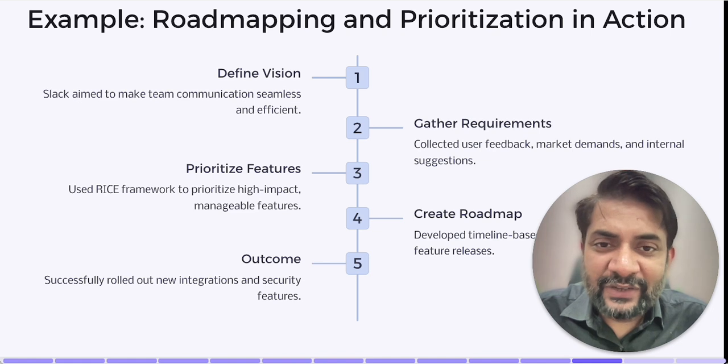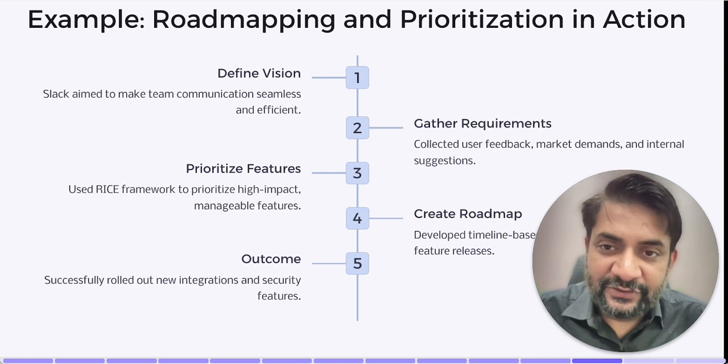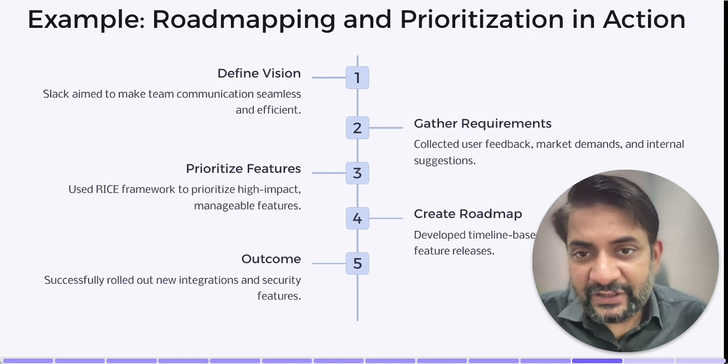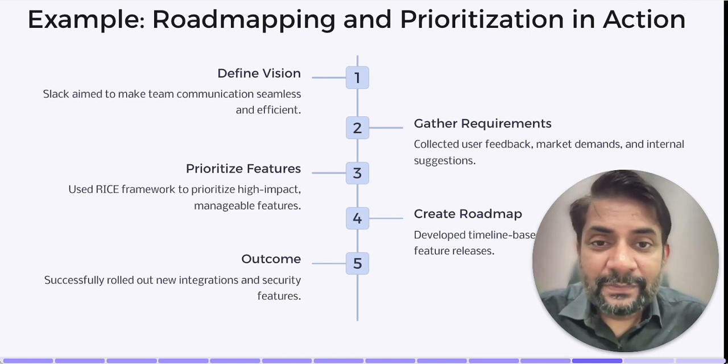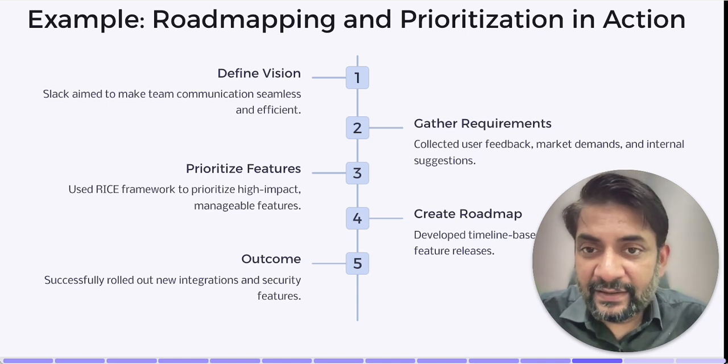Prioritization: use the RICE framework. Slack prioritizes features that have high reach and impact with manageable effort. Step 3 is to choose the roadmap format, timeline based. Slack uses a timeline based roadmap to schedule feature releases quarterly. Step 4 is to populate the roadmap: features include integrations with new third party apps, advanced encryption options, and UI redesign.